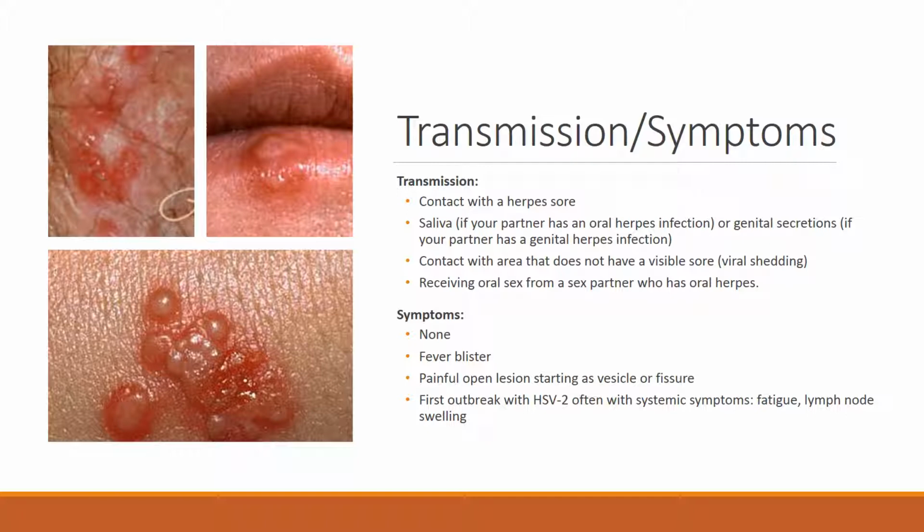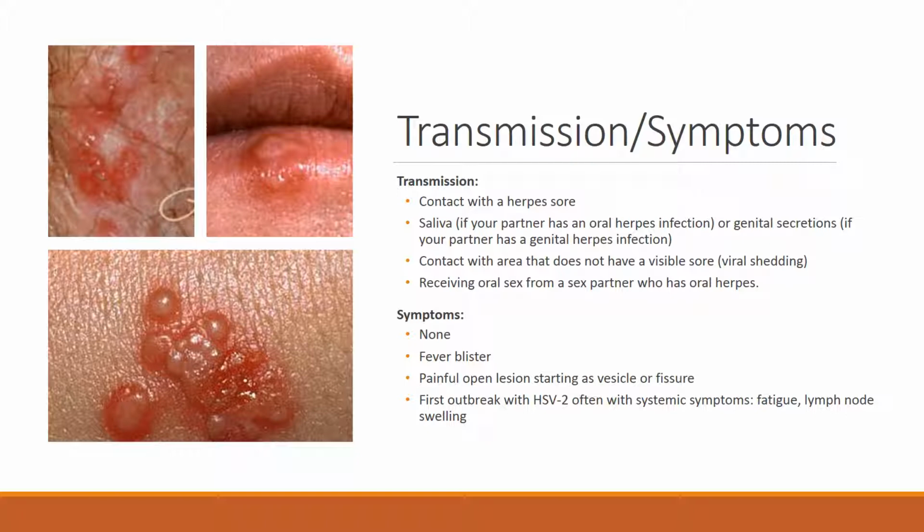It sheds, but there are no sores, and there is an increased risk during that time period. Unfortunately, most people don't know when they're having it, so that can be a time of transmission. And you can get it if you've received oral sex from a sex partner who has oral herpes. So that might be when we're talking about herpes type 1 in the genital region.